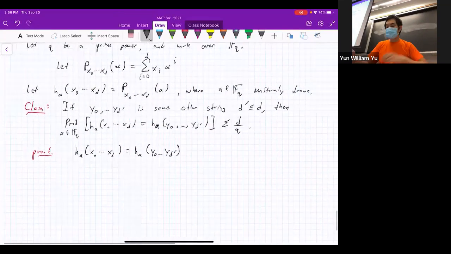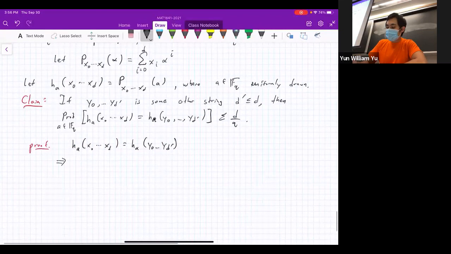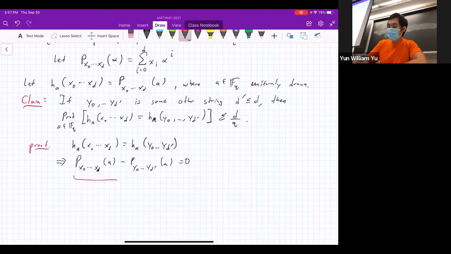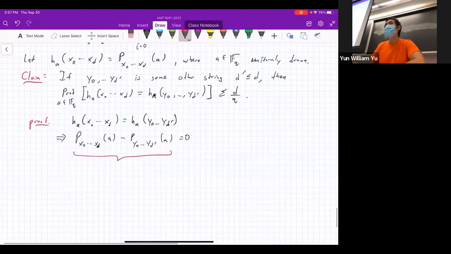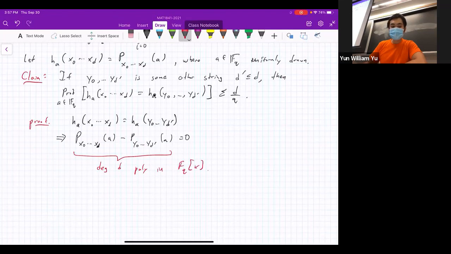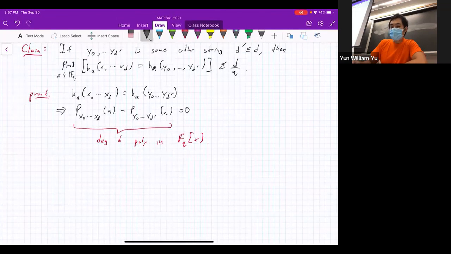That is equivalent to saying that this polynomial x0 through xd evaluated at a minus this polynomial y0 through yd' evaluated at a is equal to 0. But of course, that itself is just a degree d polynomial in our field. So we just use the fundamental theorem of algebra.